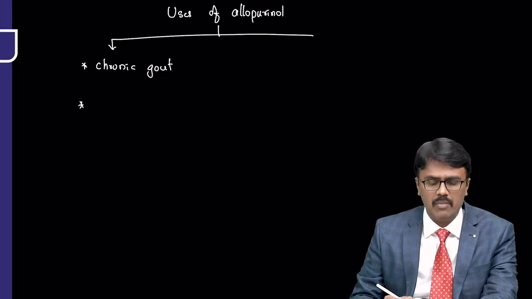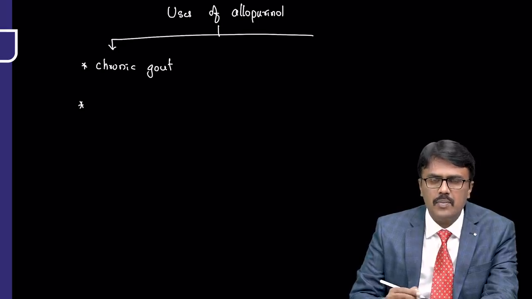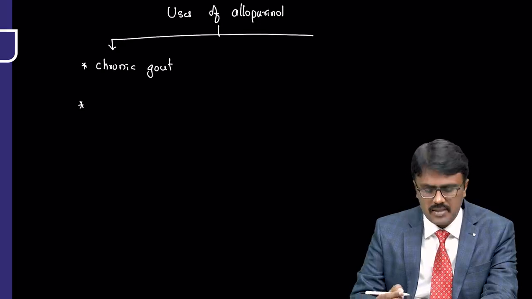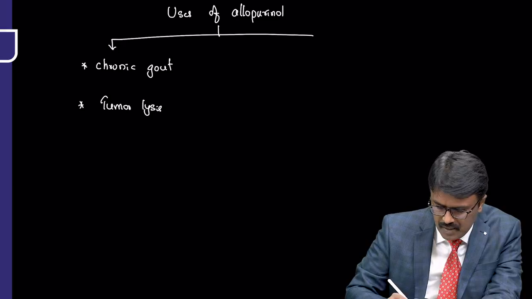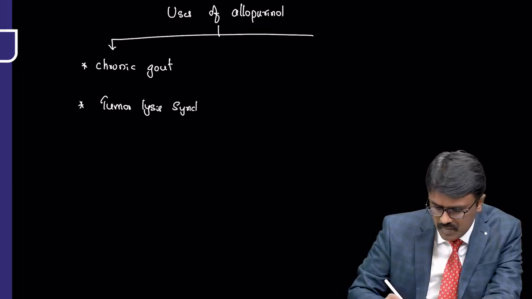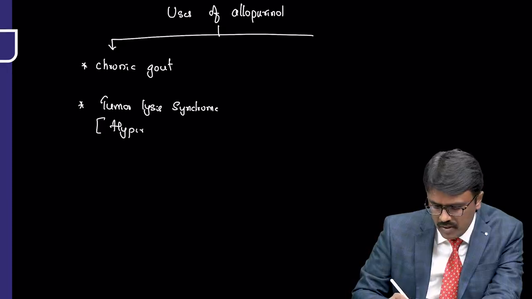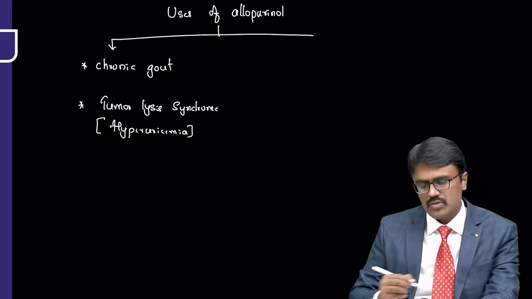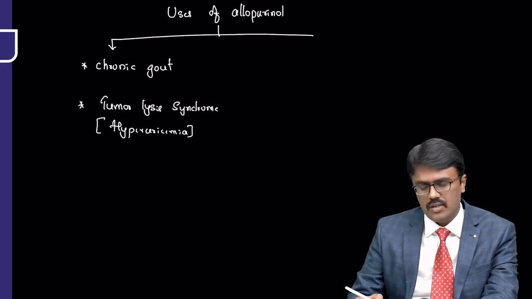In leukemia, lymphoma. So during anti-cancer therapy, the tumor cells are killed, the purine is released, purine will give rise to uric acid. So we call it tumor lysis syndrome. So tumor lysis syndrome is a condition where the uric acid levels are high. So hyperuricemia is seen there. So this is the condition where we use allopurinol. So one is chronic gout, tumor lysis syndrome.